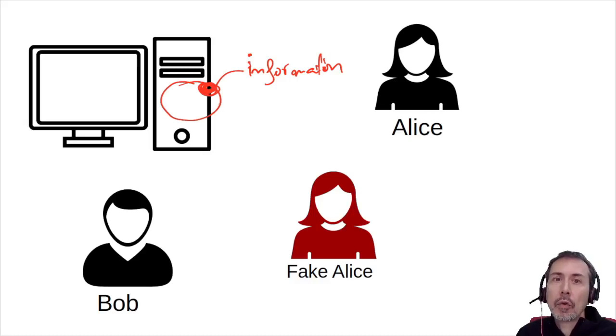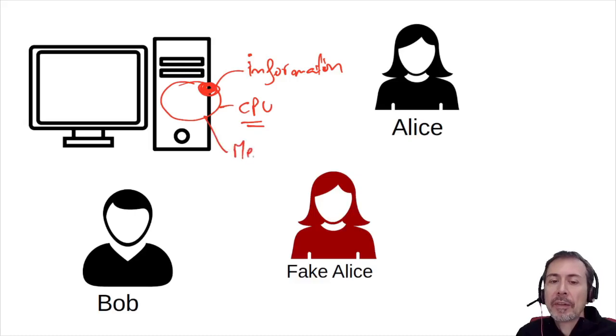But we have other resources that we must protect. For example, the CPU. We must restrict the use of the CPU of the computer to those people that we want to do that. For example, we don't want somebody from the internet to run a crypto miner on our CPU.